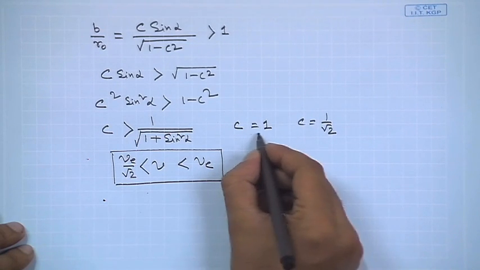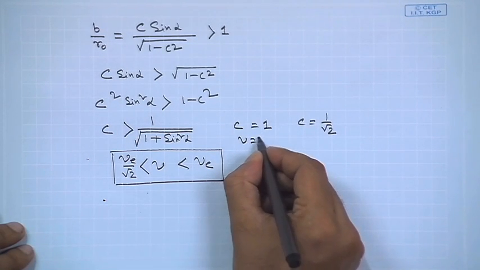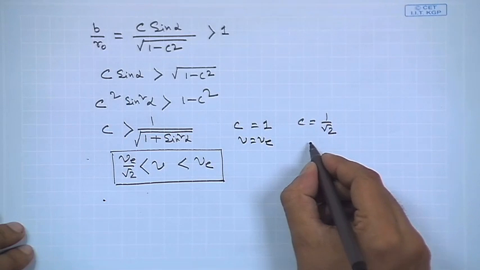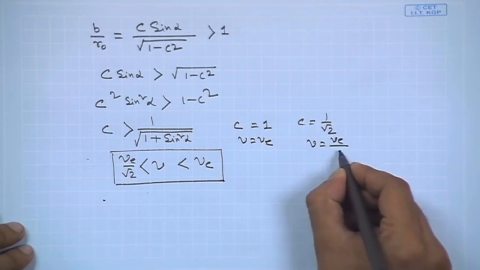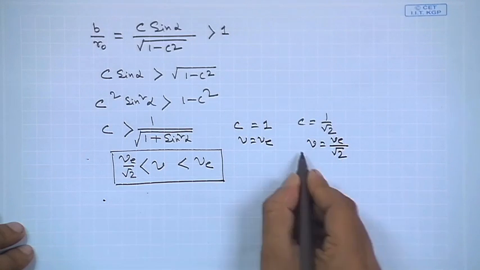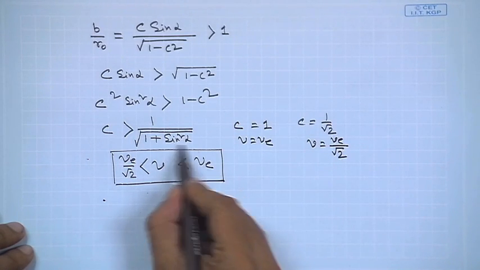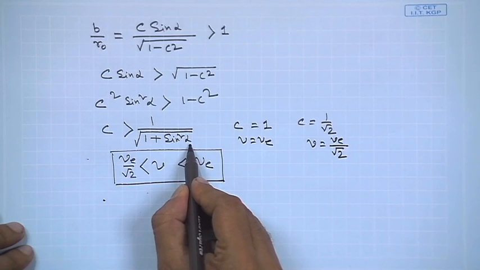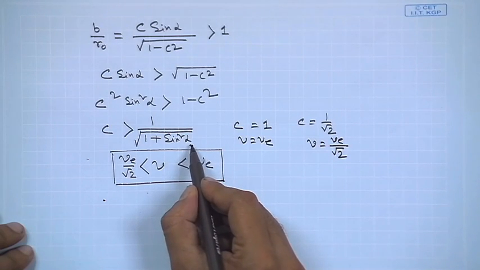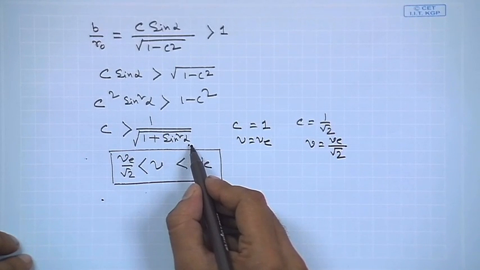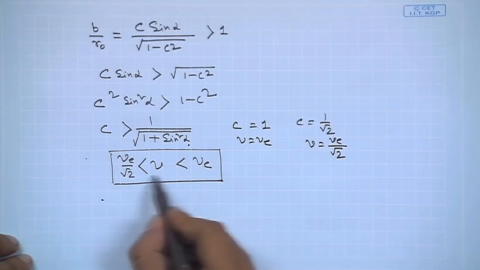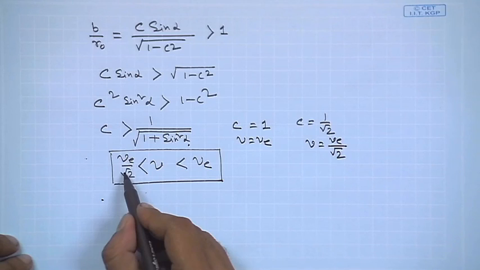C equal to 1 essentially means V is equal to V e. C equal to 1 by root 2 essentially means V is equal to V e by root 2. So, because sin square alpha can have a range between 0 and 1, it defines the range of V from V e by root 2 to V e.